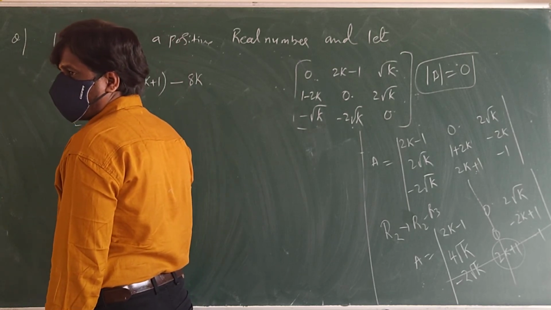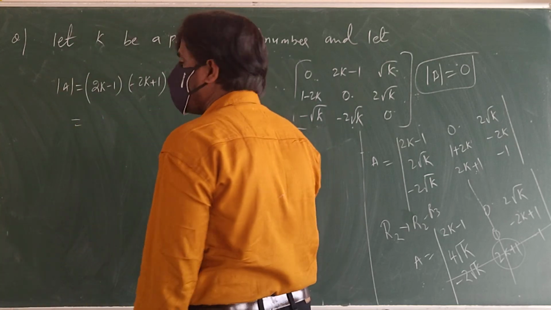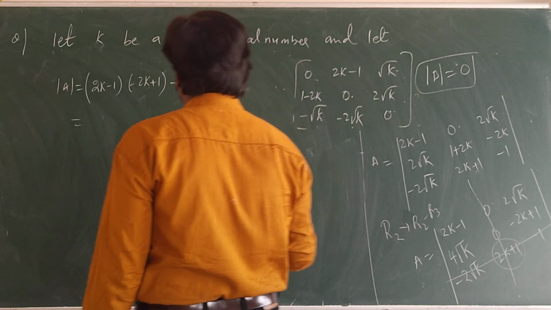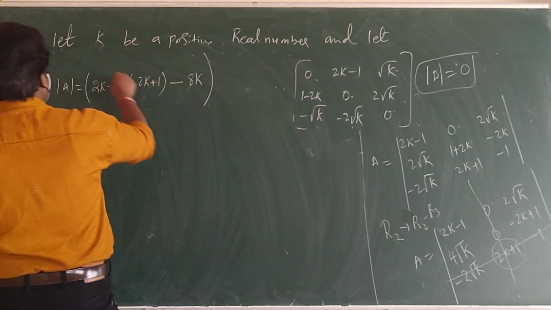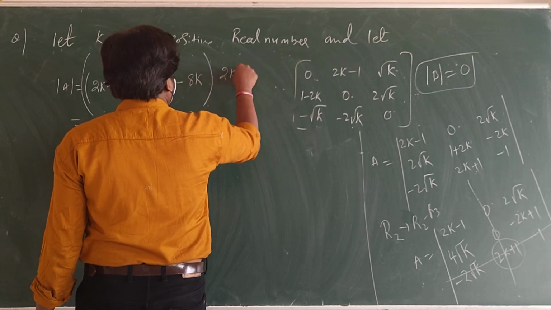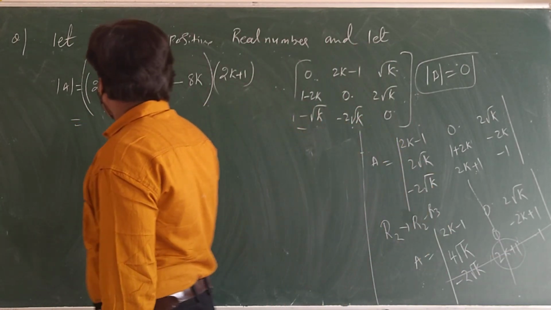You must take that also. Whole into 2k plus 1, into 2k, all into 2k plus 1. We have to multiply with this number also, right?